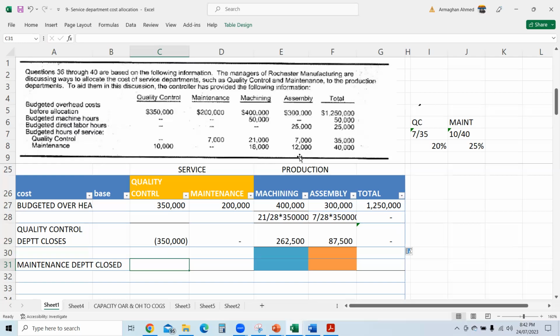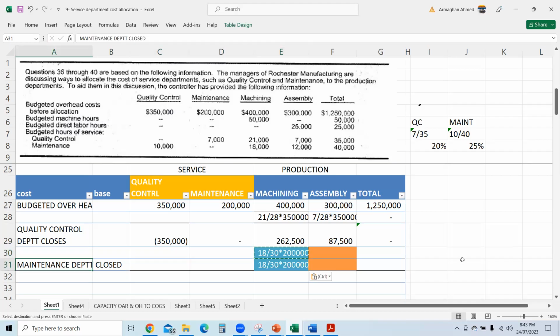So how will I do it now? 18 divided by 30 into the maintenance department cost of 200,000.